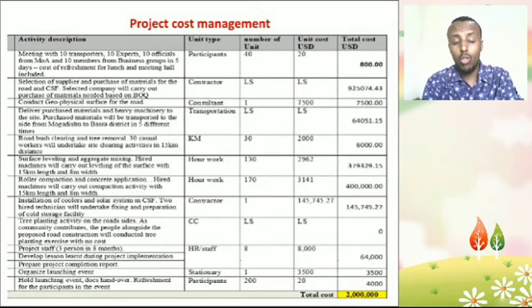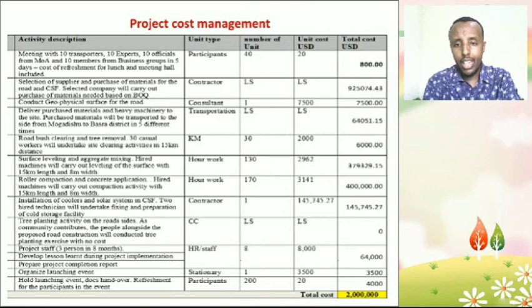So we need to hold a meeting consisting of the Minister of Agriculture, transporters, experts, officials, and members from business groups. This meeting will have 40 participants, and its cost will be $800 for that day.